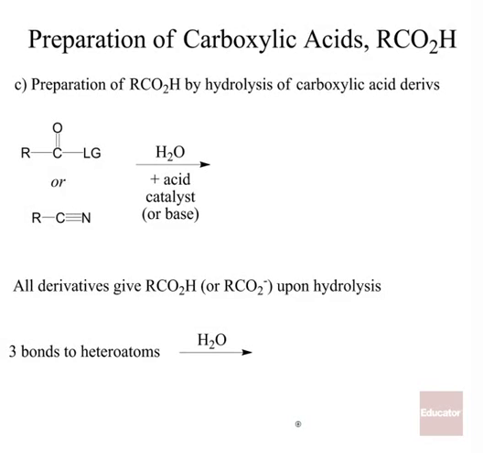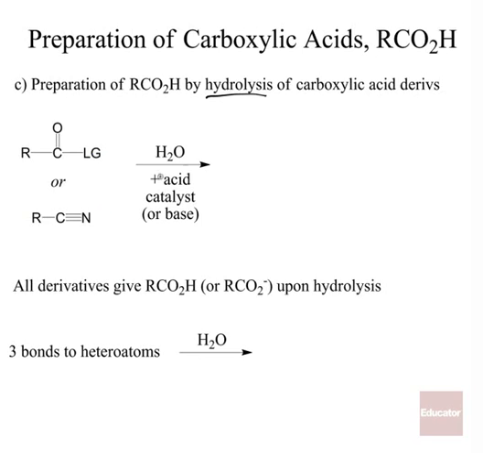Now, finally, another way that we can form a carboxylic acid is by starting with one of the carboxylic acid derivatives and converting it into a carboxylic acid. We call this reaction hydrolysis. If you take any carboxylic acid derivative, remember most of them look like this with the leaving group attached to a carbonyl. But remember the nitrile was in this category too, and this reaction would work as well.